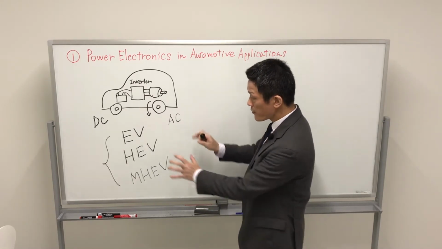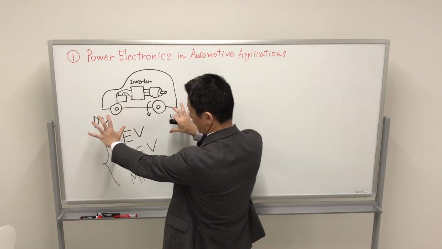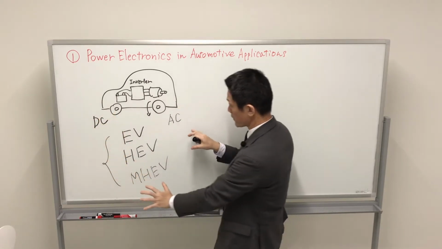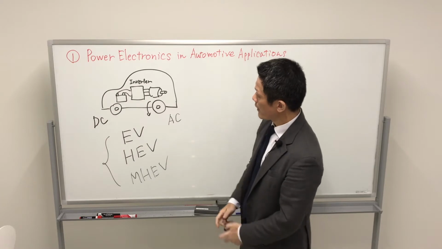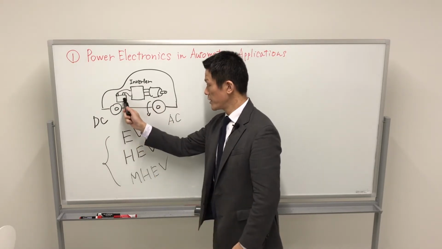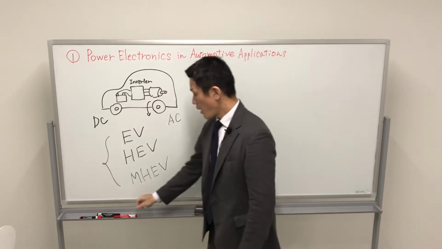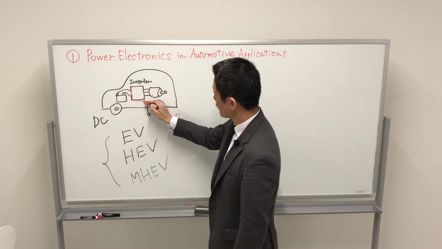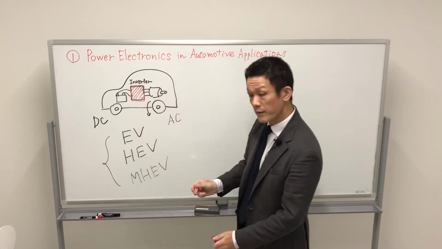So each electric vehicle style is different. So the inverter changes DC to AC. Our target is these power conversion systems.